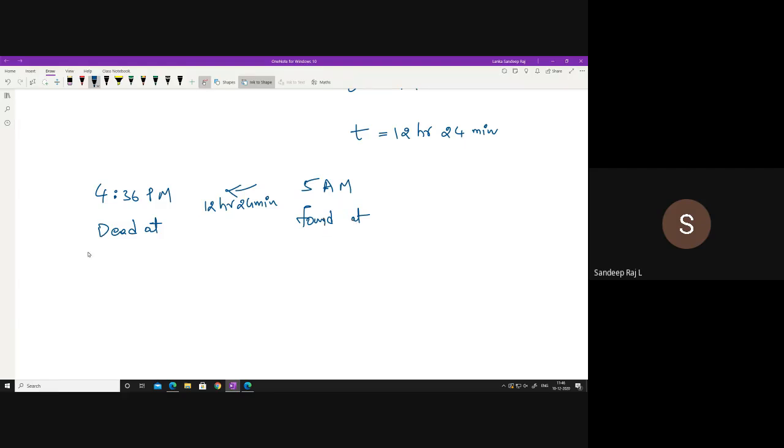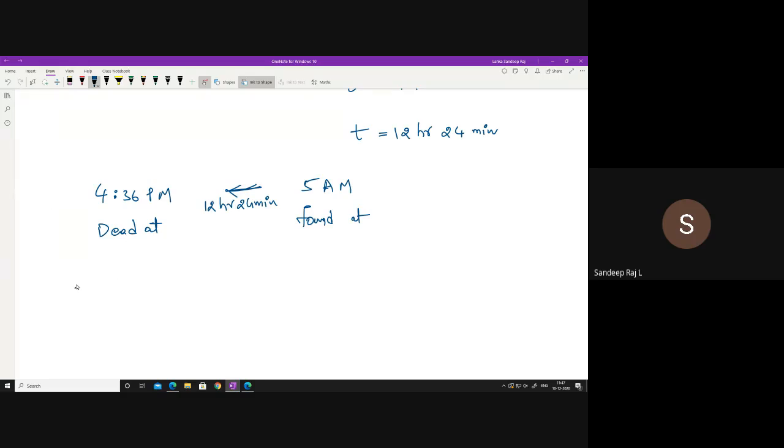So that's how I have found out when a person is dead. See, this is a procedure followed in forensic sciences to find out the death time.